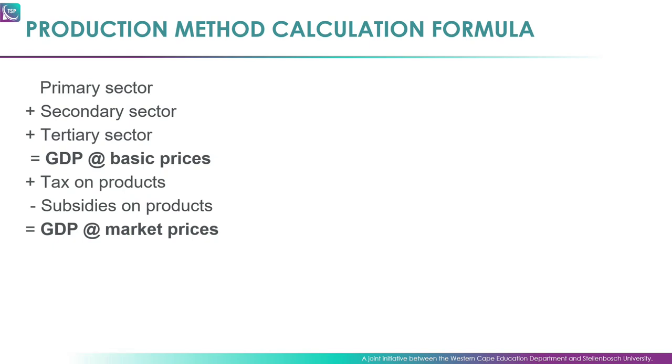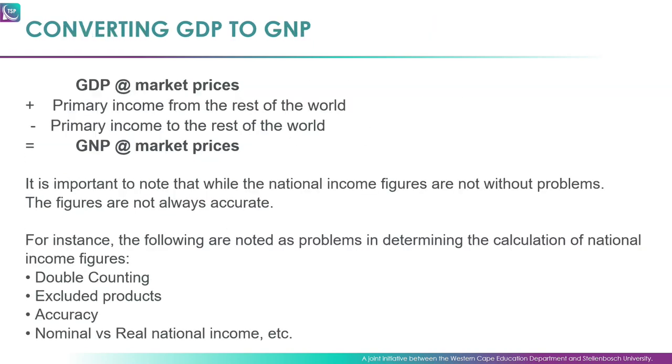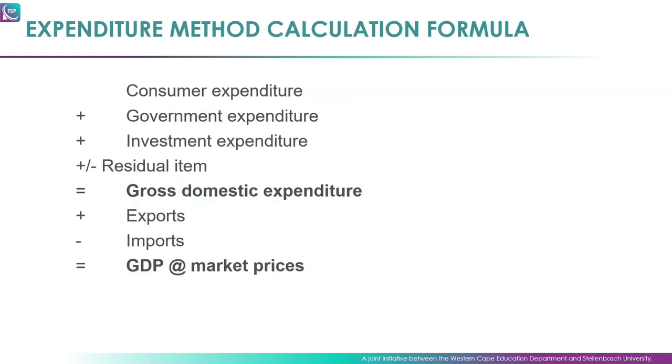Yet when we look at the expenditure method, we only see a final GDP at market price. Why? Why is this method different from the other two?